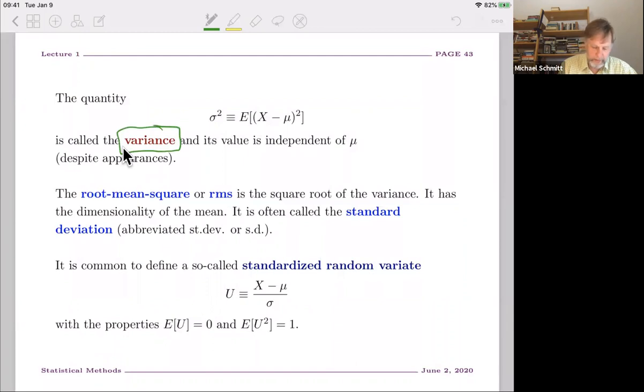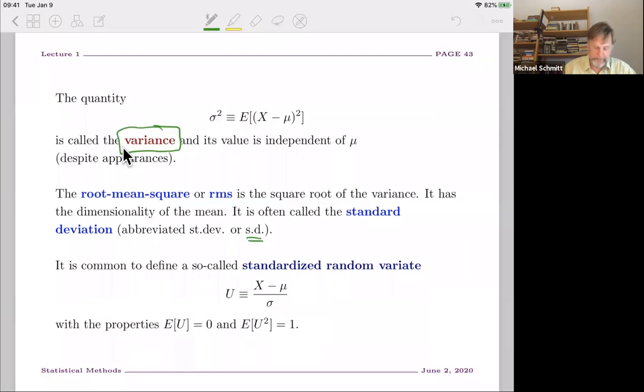Mu is the mean, sigma squared is the variance, and for various reasons we often talk about the root mean square, the RMS, or sometimes called the standard deviation. That's what I like to call it, or SD for short. Okay, so we now have two summary statistics that we get for our PDF, whatever it is. One of them is the mean, the other is the standard deviation.